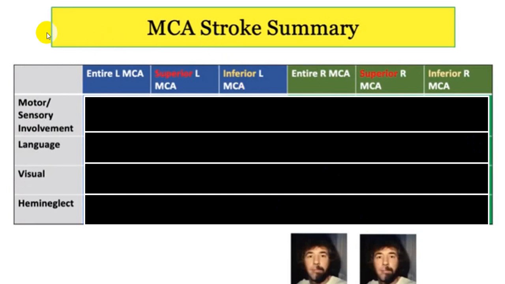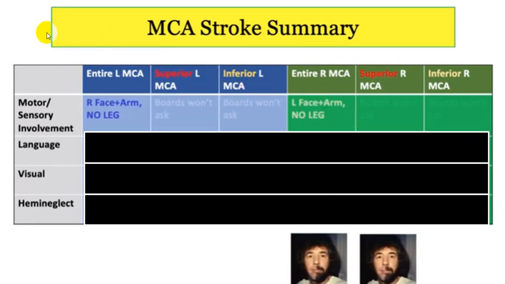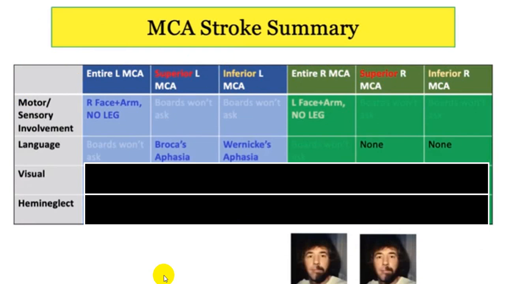So in general now together, total left middle cerebral artery, this is the superior branch, this is the inferior branch, this is the entire, superior and inferior together now.